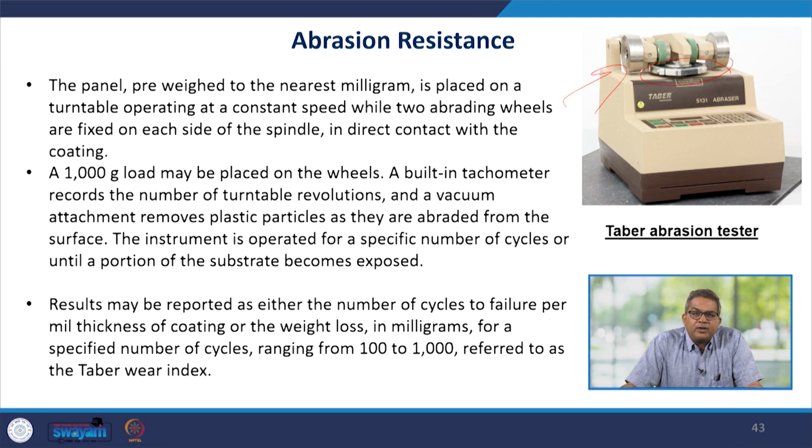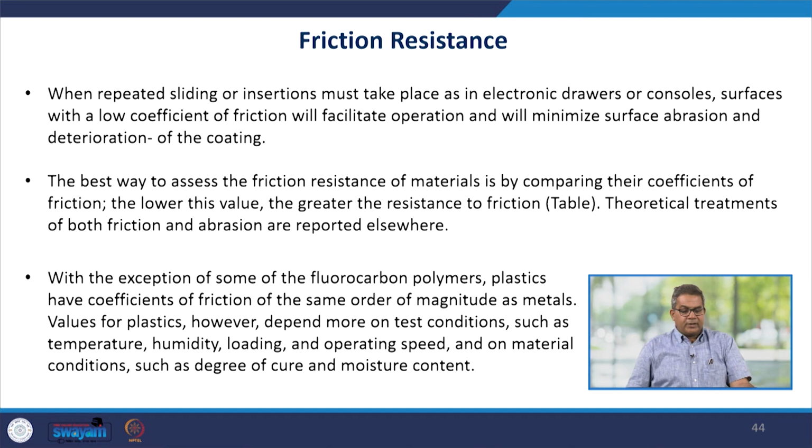A vacuum attachment removes the plastic particles as they are abraded from the surface, and the instrument is operated for a specific number of cycles or until a portion of the substrate becomes exposed. The result may be reported as either the number of cycles to failure per mil thickness of coating or the weight loss in milligrams for a specified number of cycles.